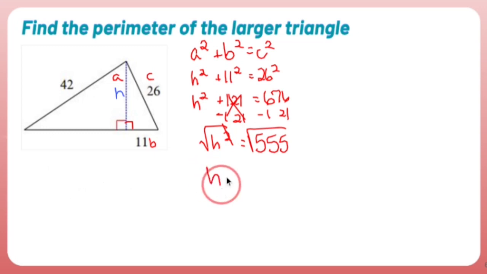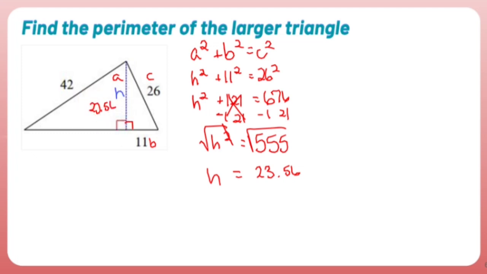It's gross, and I knew it would be gross. That's kind of why I took a moment to figure out what this was, because I thought I was going to get something pleasant, and I didn't at all. It's 23.558, so let's go with 23.56. So this guy, the height, is 23.56.